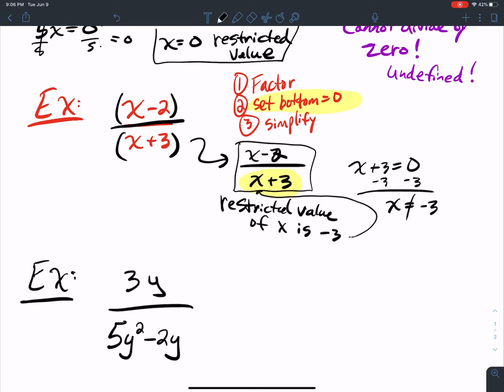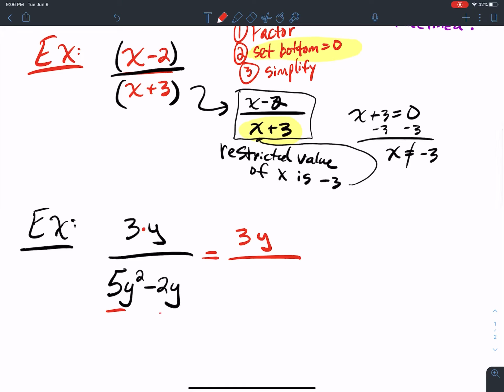Well, the numerator is factored. It's 3 times y. But the denominator, we've got two terms, and it looks like there's a y in common between the two, so GCF. If I pull a y out, what do I have? I have y times 5y minus 2.